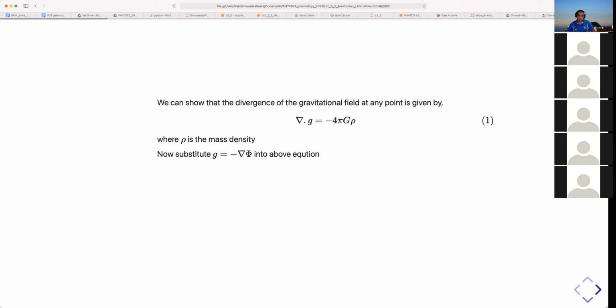So that is G equals minus grad phi. And then you can substitute this G equals minus grad phi into equation 1, where you get grad squared phi equal to 4 pi G rho, right? And this grad squared is what we call a Laplacian, right?